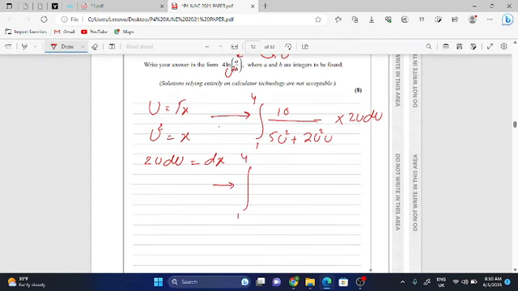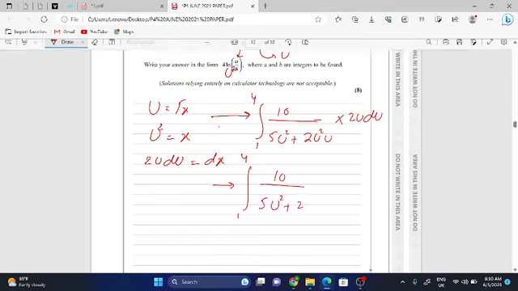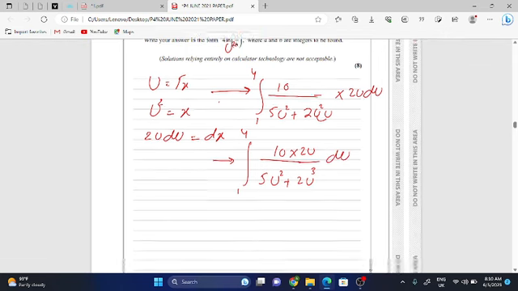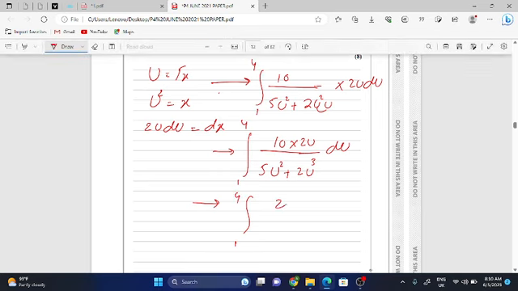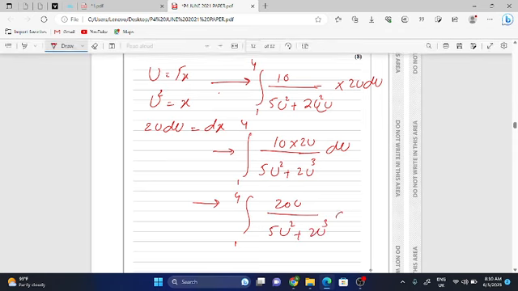Integral 1 to 4 of 10 by 5u square plus 2u cube, by using the base rule of maths. Bases are same, powers will add up, times 2u du. So you can see integral 1 to 4 of 20u over 5u square plus 2u cube du.